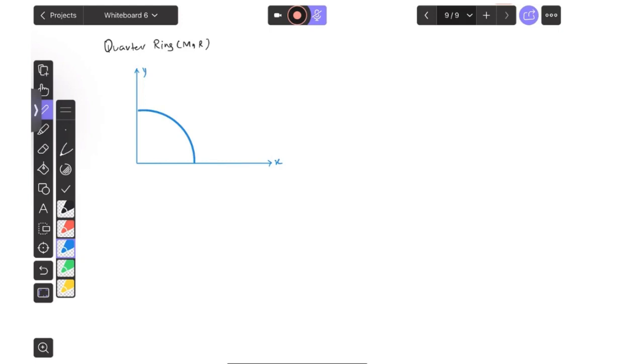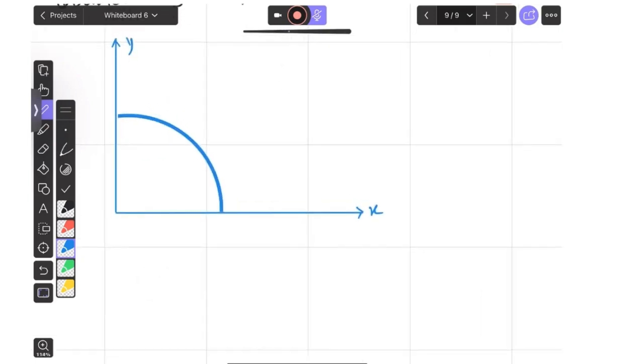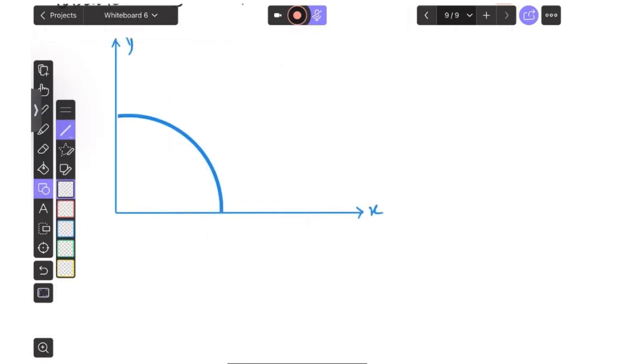We'll think of it as made out of an infinite number of strips, each one of them very, very small, and each one of them making a very small angle d theta at the center. Then at some angular distance theta, we will select one such strip, making a very small angle d theta.